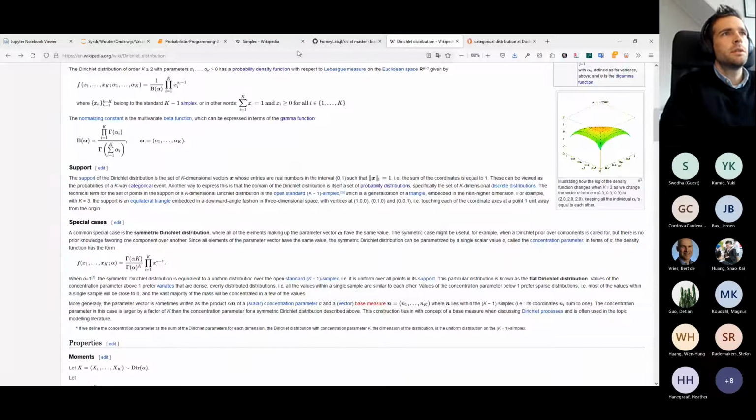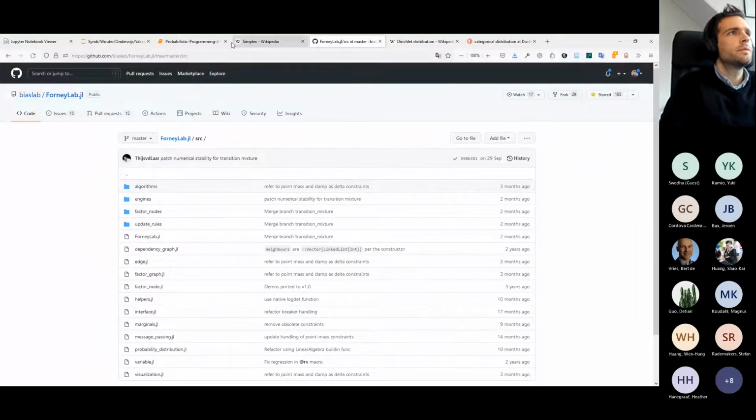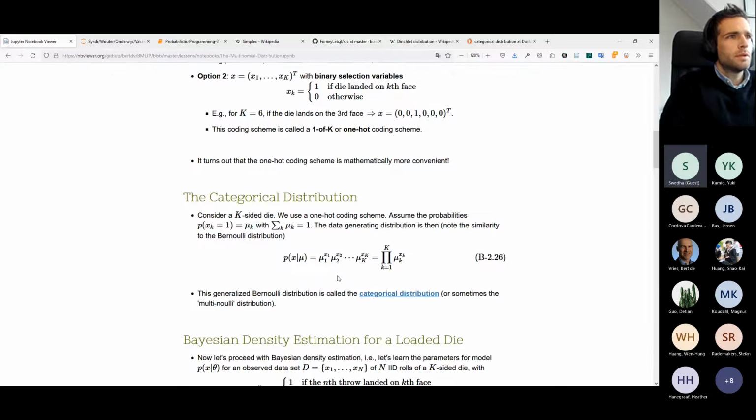Yeah. So hold on. The categorical distribution, another way of looking at it is that it is a one-hot coding scheme. So out of n options or k options, I will pick 1. Forget about that.